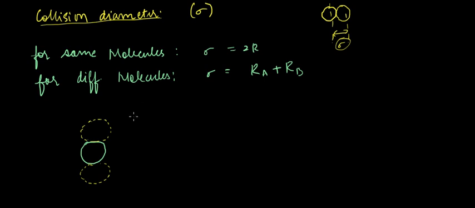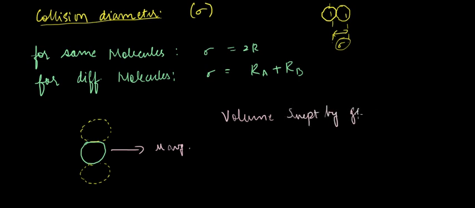And this gas molecule is going ahead with a speed of, let's say, U average. So we want to know what is the volume swept by the gas molecule in unit time.